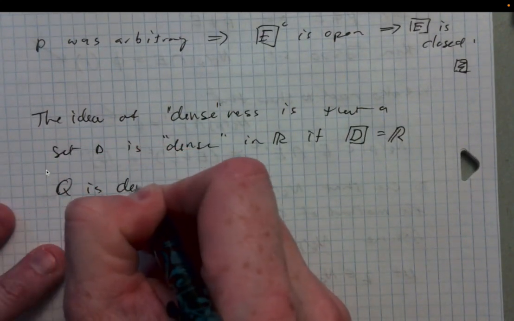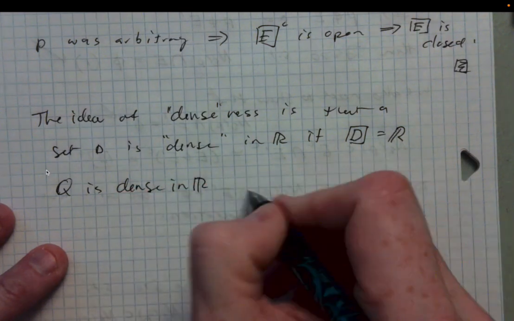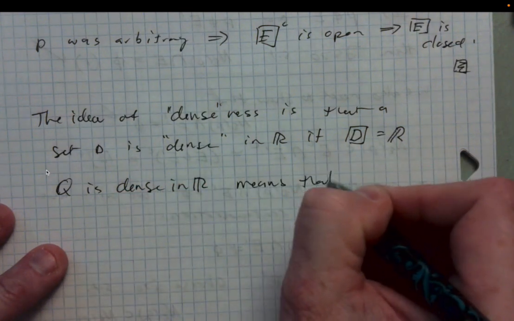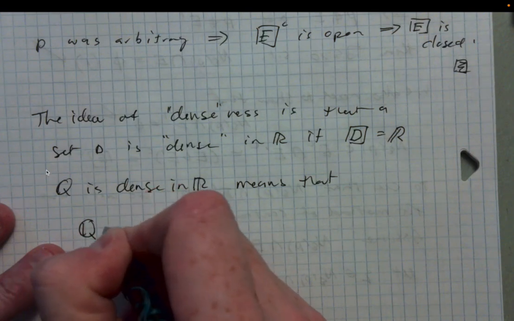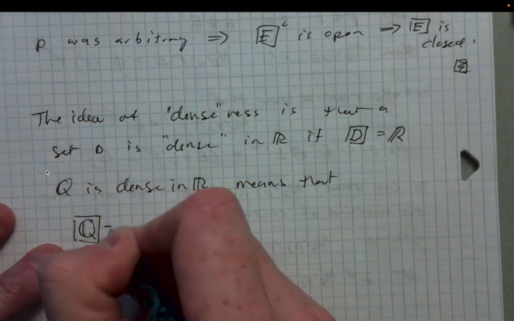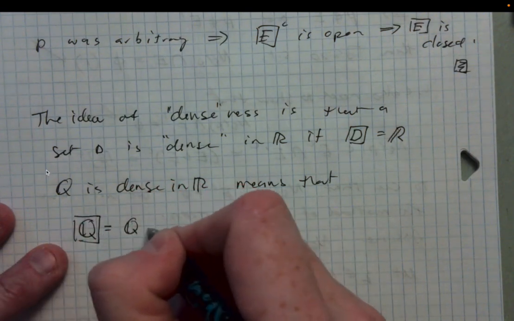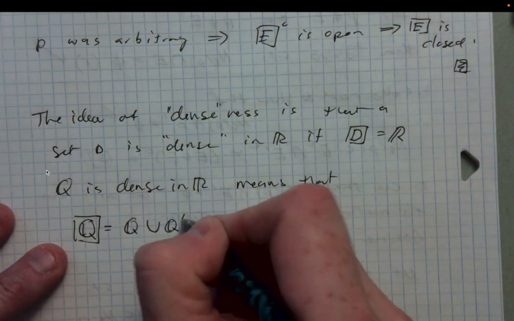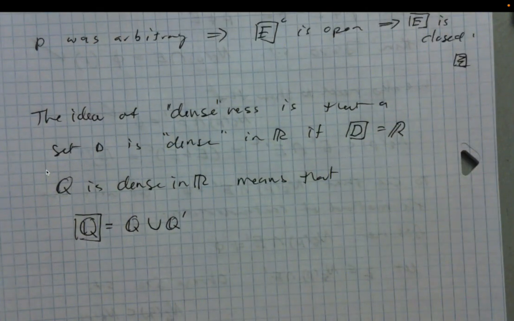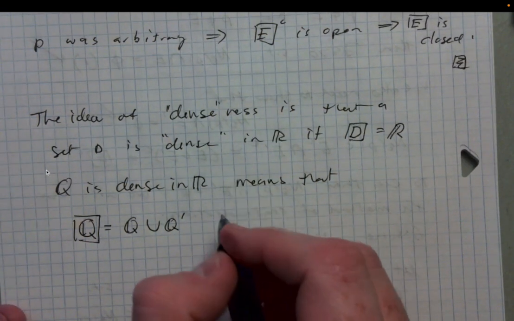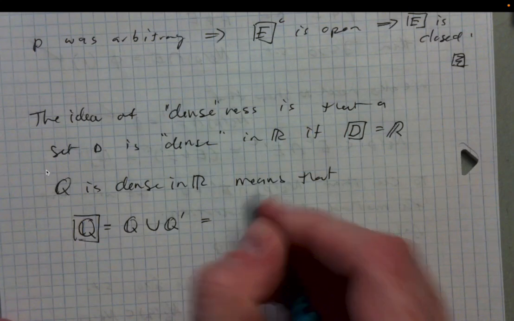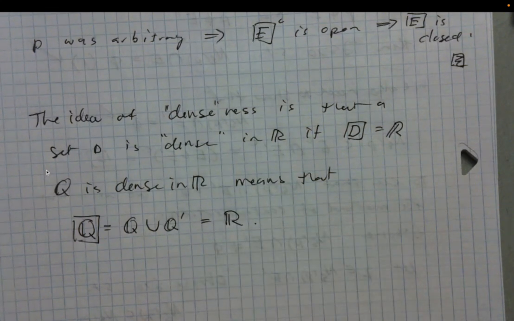So you can think about this in the context of the rational numbers. Q is dense in R means that the closure of Q, that is Q and all of its limit points, irrationals can be limit points of rationals, is basically all of R. So to get all of the limit points of the rationals, we need to pull in all of the real numbers.